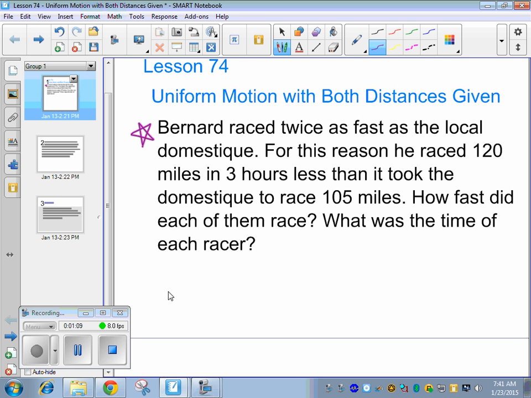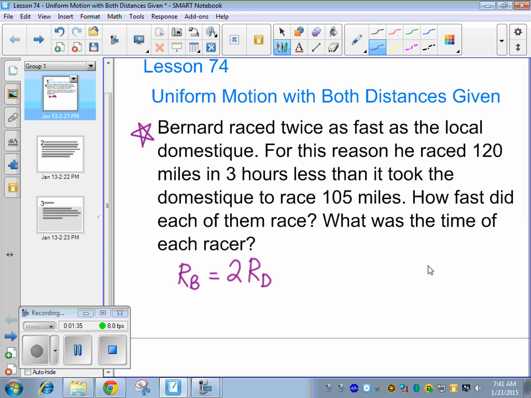We're not going to use that formula in general, but anybody know, Max? RB equals 2RD. Yep. There you go. Bernard raced twice as fast as domestique, so his rate was 2 times the rate of the domestique.